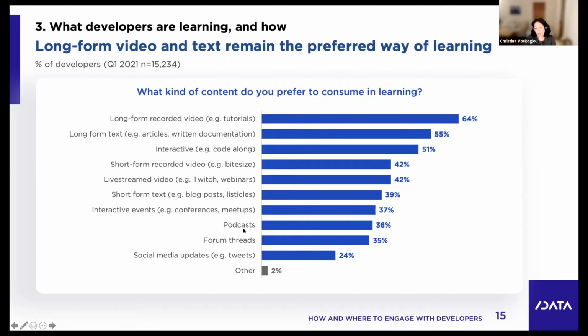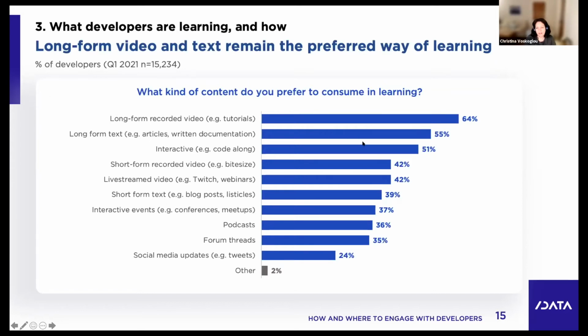Therefore, while you have podcasts there at the bottom and forum threads and interactive events and conferences, they're preferred by 37%, but still they don't rank at the top as a place to learn. It is a networking place for many. And short form text also is not at the top and so on.